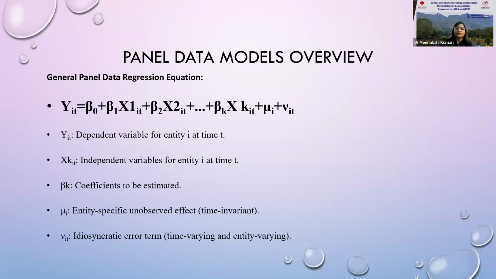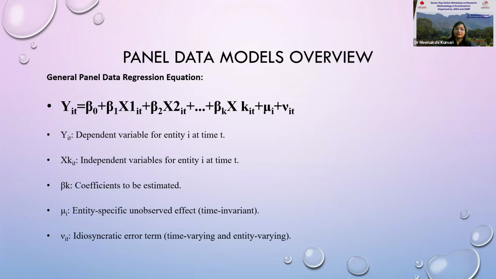Let's see what panel data models we have. This is the general panel data model, where we have the dependent variable y subscript it, for entity i and time t, equals beta naught plus beta 1 x1it plus beta 2 x2it plus up to beta k xkit, plus mu i plus v it. Hopefully you have dealt with beta k xkit plus epsilon before, but here mu i is different. All the betas, beta 1, beta 2, up to beta k, are the coefficients to be estimated, right?